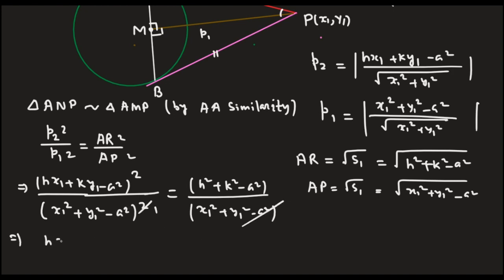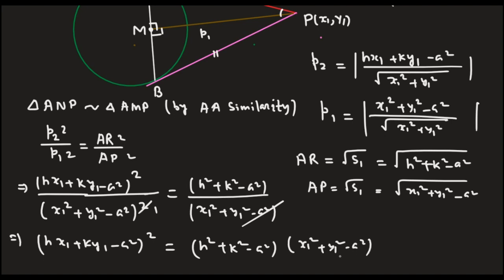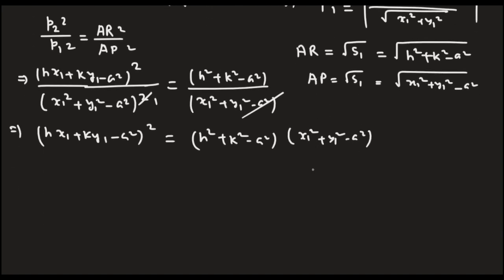So what I have is h x1 plus k y1 minus a square, whole square, equal to h square plus k square minus a square, times x1 square plus y1 square minus a square. It is nothing but the equation of the tangent.